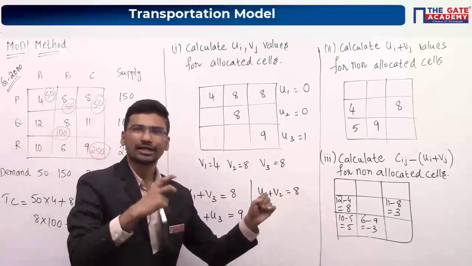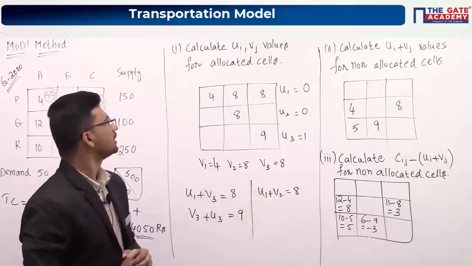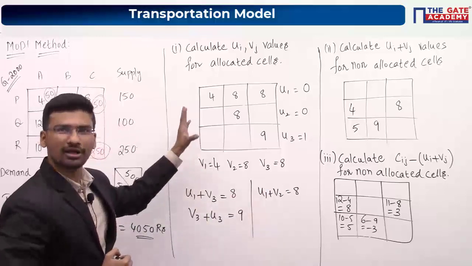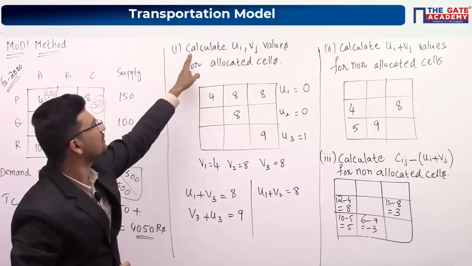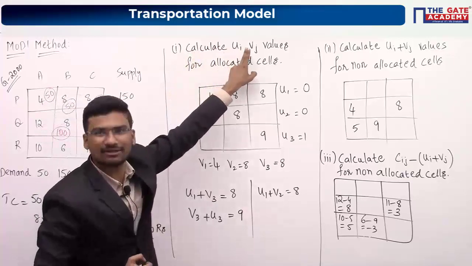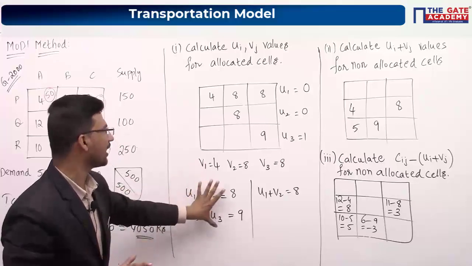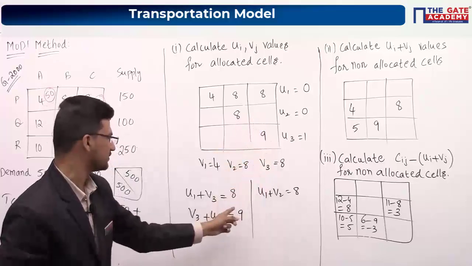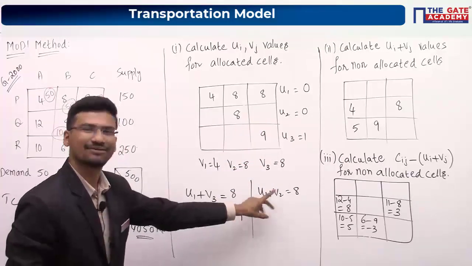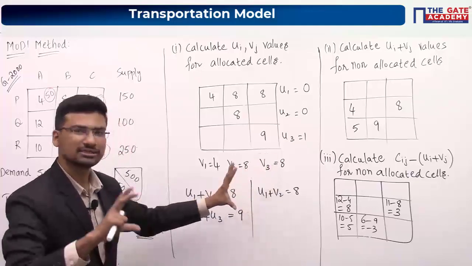You can take down some points. No points are required for this. Already in the question we have told to calculate Ui, Vj values. By looking at these equations, you can understand how to calculate V1, V2, V3 values. So copy these equations also, so it is simple for you.